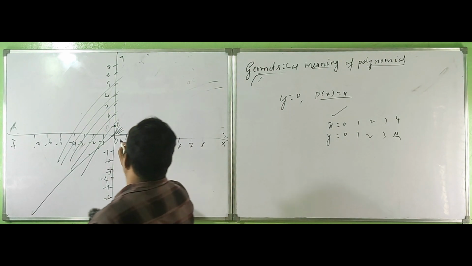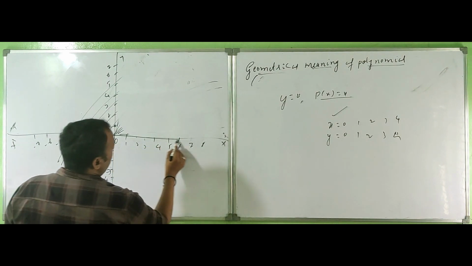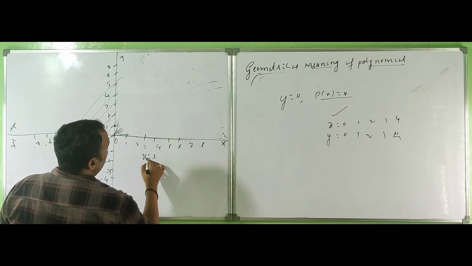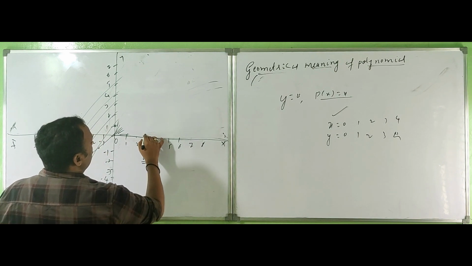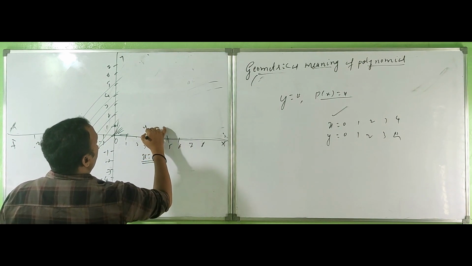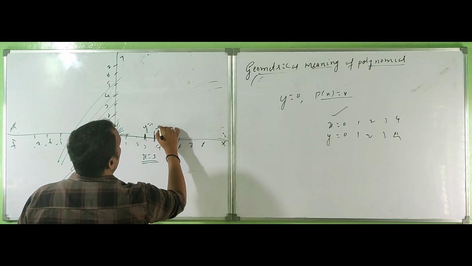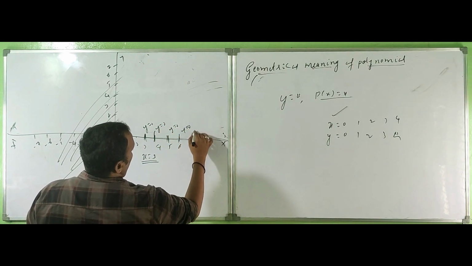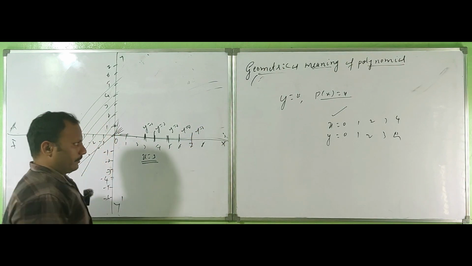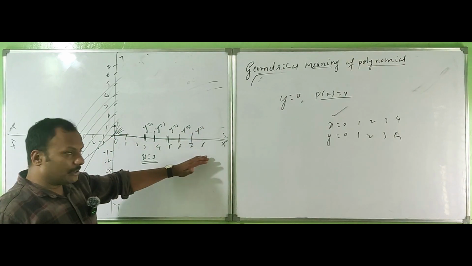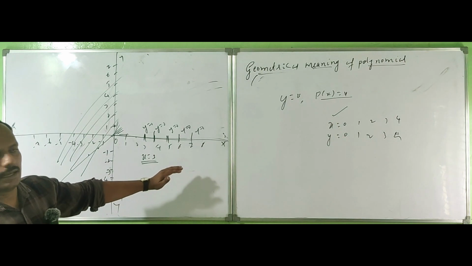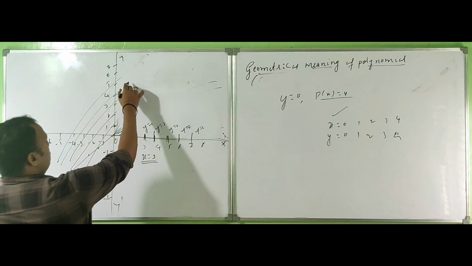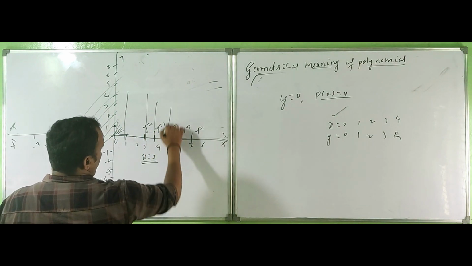See, whatever it may be, we are moving towards this line. At x equal to 3, for any point on the x-axis, the value of y is 0, because these are straight parallel lines.